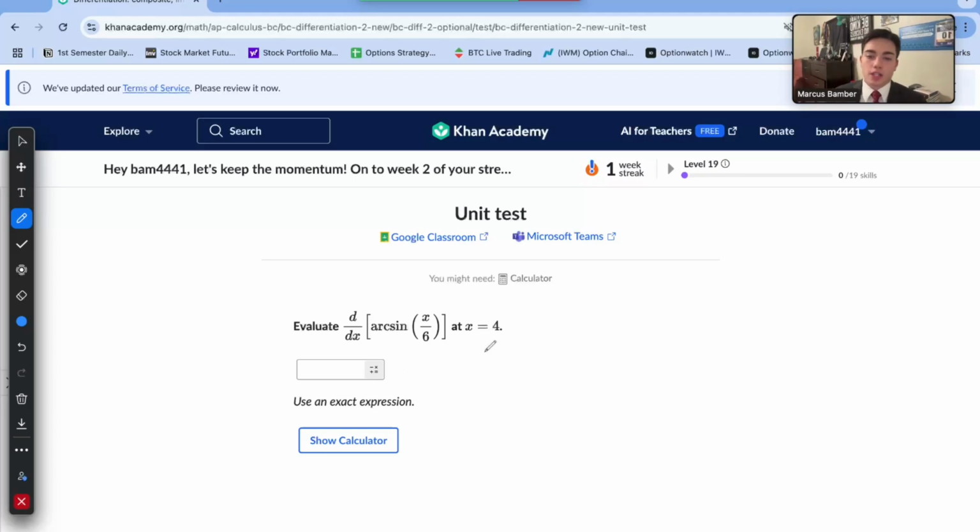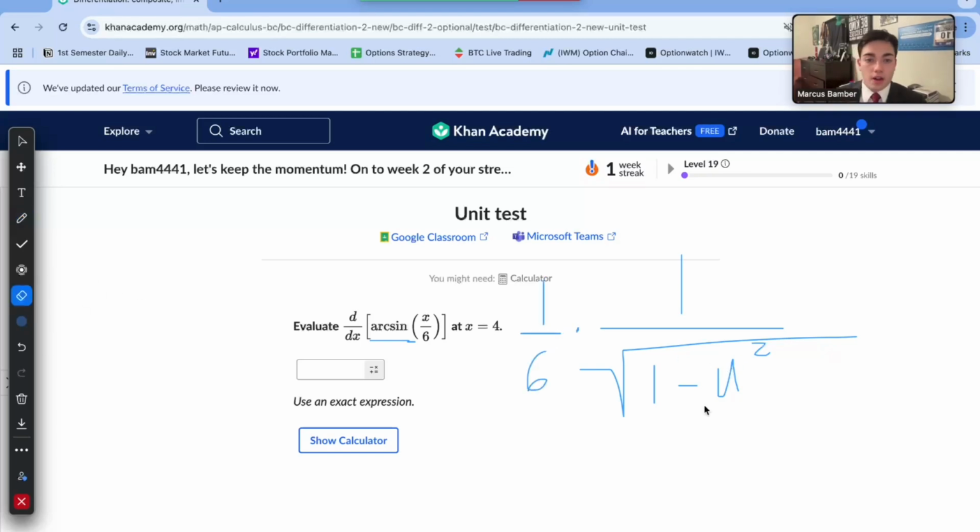Moving on to our next question here, we have an inverse trigonometric function here that we're trying to find the derivative of. The derivative of sine is 1 over the square root of 1 minus the inner function squared times the derivative of the inner function, which is just 1/6 for this case. So we're going to multiply our answer with 1/6. At x is equal to 4, we're going to replace u with x over 6.